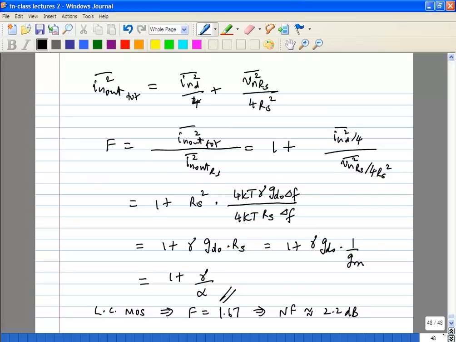For a short channel, what will happen is gamma increases, alpha decreases. So both those things will end up increasing your noise figure for a short channel MOSFET. But in some sense, it's the minimum noise figure you can achieve with a common gate.